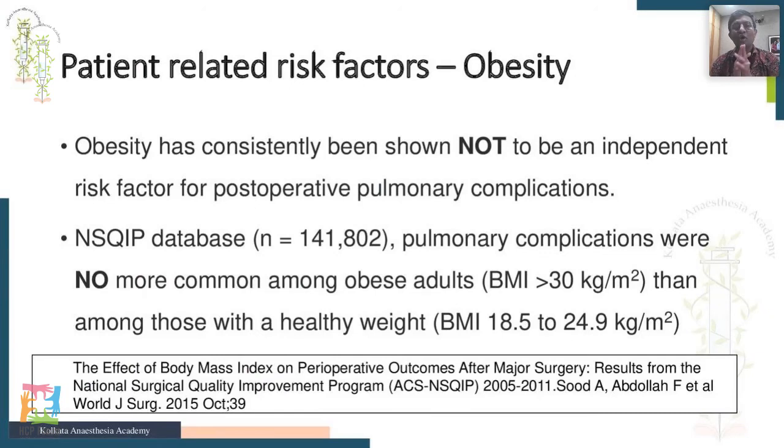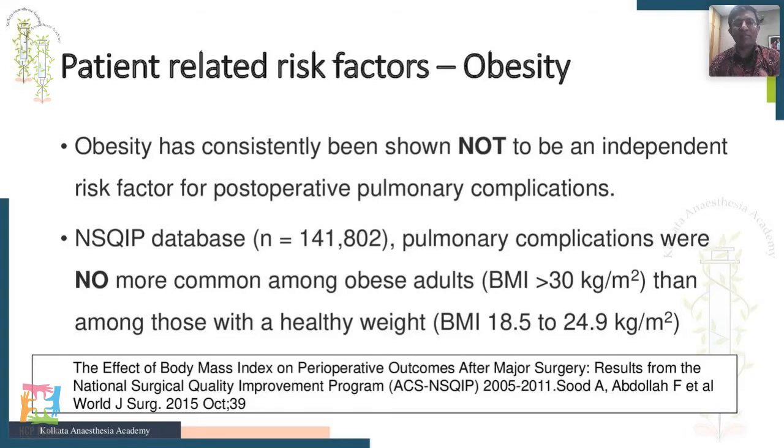But if you look through data, obesity has consistently been shown not to be an independent factor for incurring postoperative pulmonary complications. One of the biggest datasets has been from the American College of Surgeons National Surgical Quality Improvement Program. Pulmonary complications were no more common in obese adults who had a BMI of more than 30 kg per meter squared than in the non-obese individuals between 18.5 and 24.9.